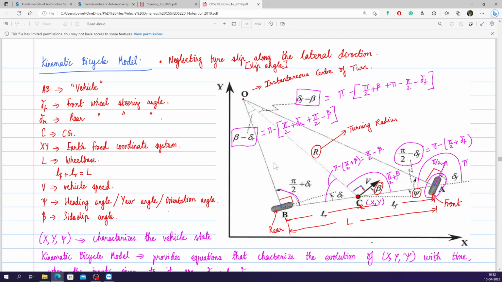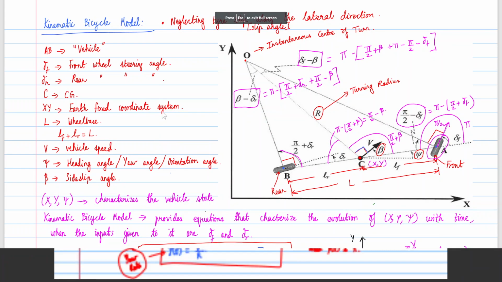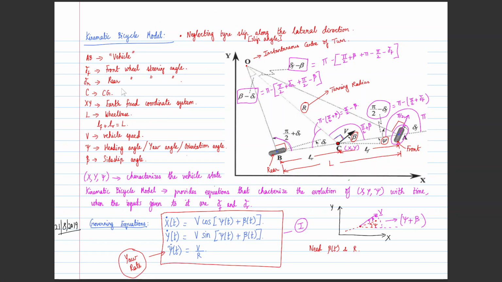Okay, here AB is the vehicle, delta F is the front wheel steering angle, delta R is the rear wheel steering angle, C is the center of gravity, XY is the earth-fixed coordinate system, L is the wheelbase, V is vehicle speed, psi is heading angle or yaw angle or orientation, and beta is the side slip angle.